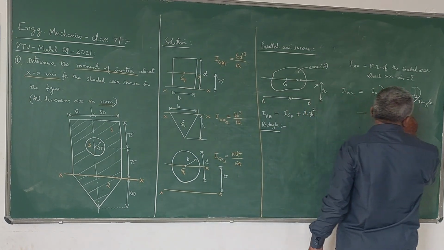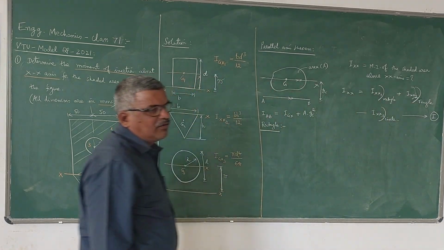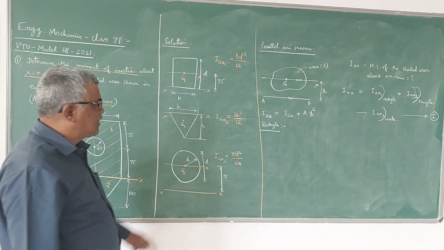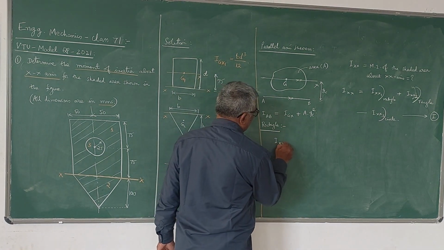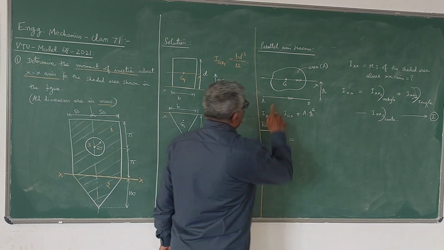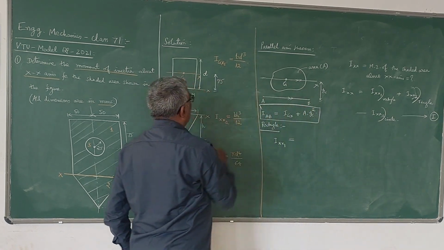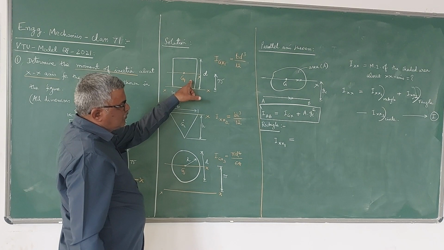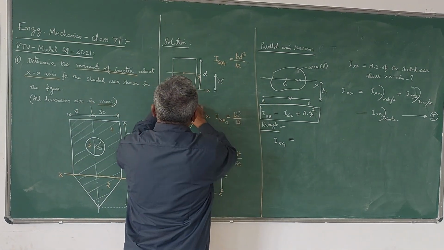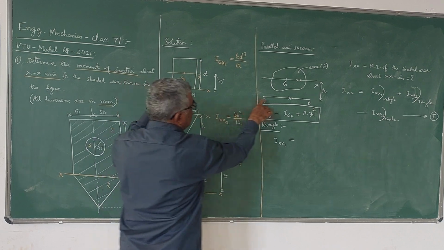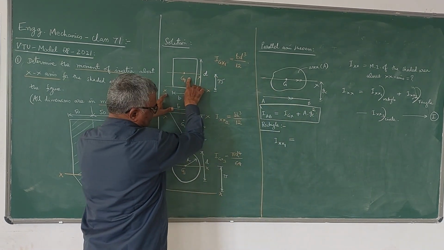Now I call this 1. One by one we will find out. So first I will find out Ixx1, that is for the rectangle. Now all of you observe here, I am using this parallel axis theorem. If I compare this diagram, you can see that the x-axis becomes your AB axis and the centroid becomes D1 here.